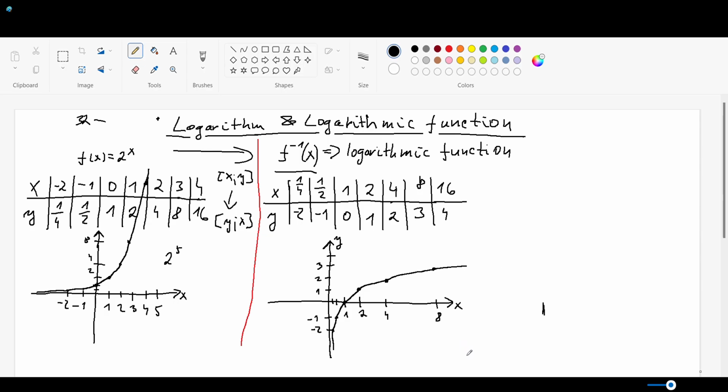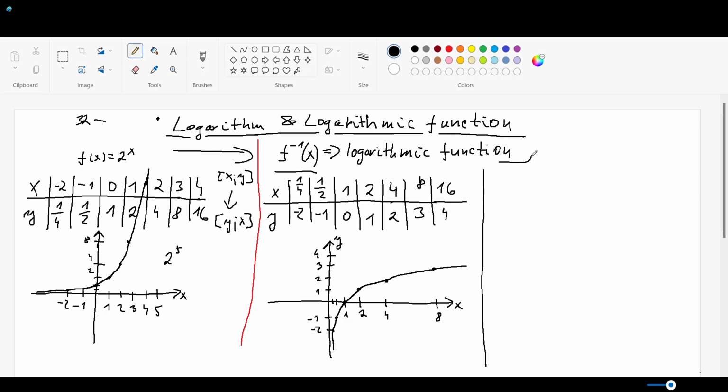Okay, now this is what we do graphically, and just let me tell you now, the graph of this inverse function, which is the logarithmic function, is this kind of line. Now let me explain how the function is defined with a special word.